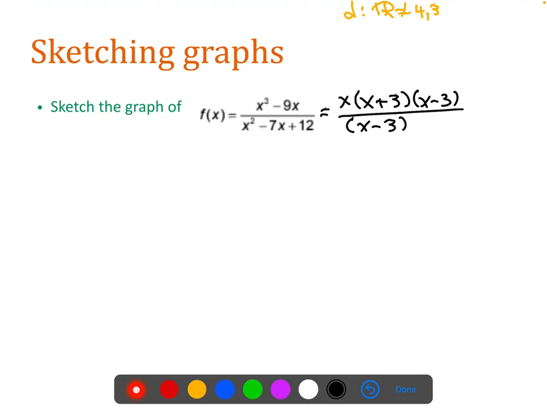Let me go ahead and rewrite this guy so you can see him. Remember, we took out an x plus 3, x minus 3, over x minus 3, x minus 4. And we had found that our hole was at x minus 3.